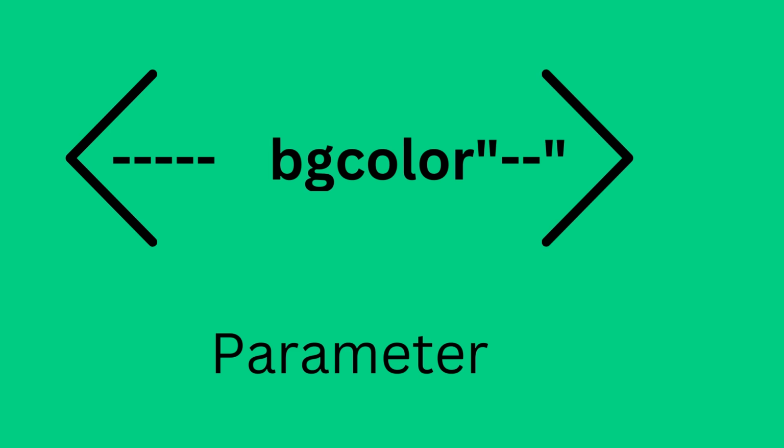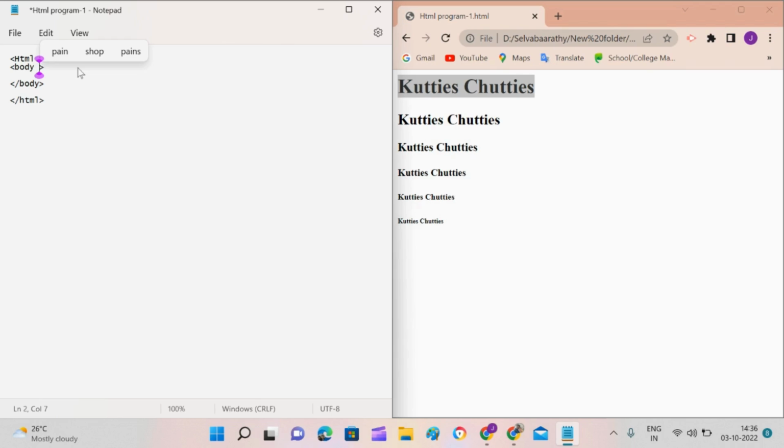For example, I'm putting BG color is equal to pink. BG color means background color. So this is how you give a background color.